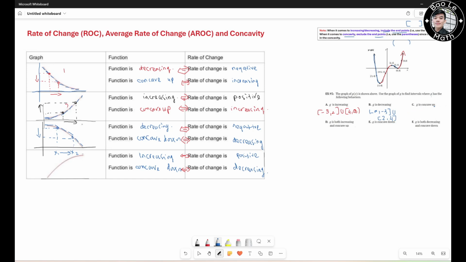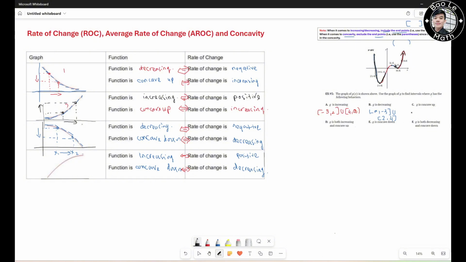Now, next one. G is concave up. We look at this one right here. Concave up, which is this guy and then this guy. Alright, so concave up. Now refer to the table on the left hand side. So the function is concave up. It's going to be this guy, and from here to here.